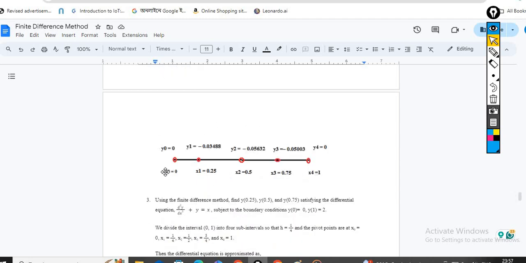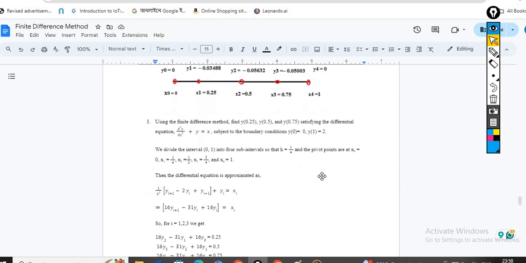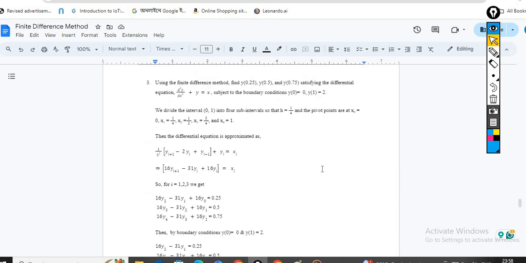Now again, we have this graphical representation: x0, x1, x2, x3, x4, and the corresponding y values. From the first and the second one, you are able to calculate the other points, since these two values are given. Now comes another problem.